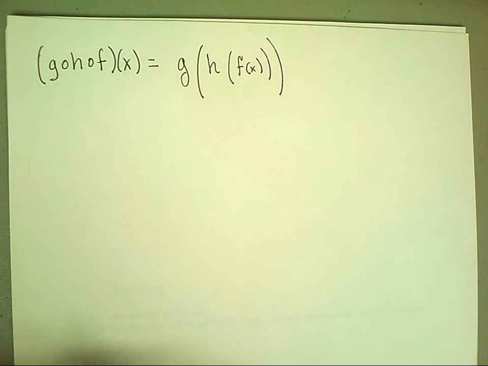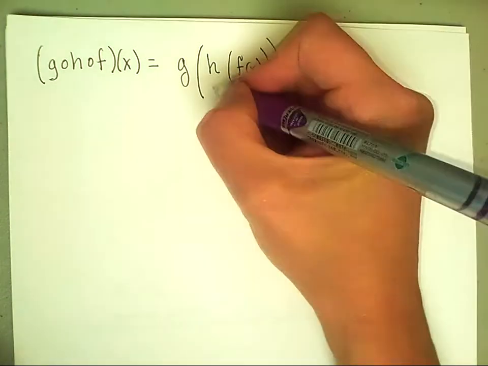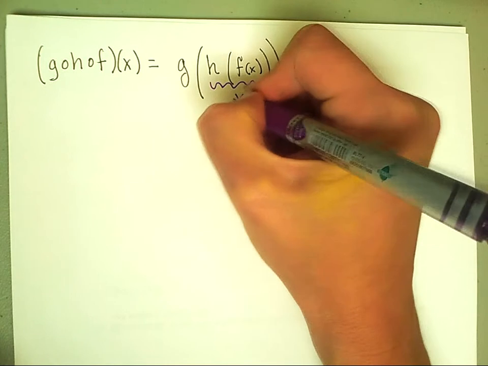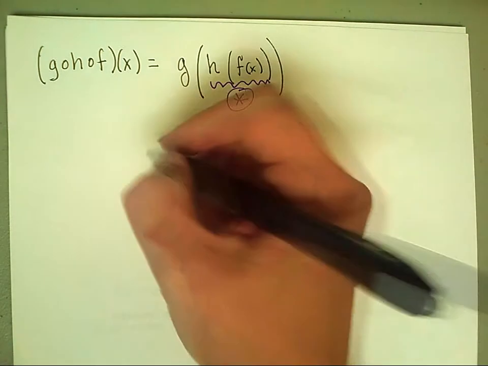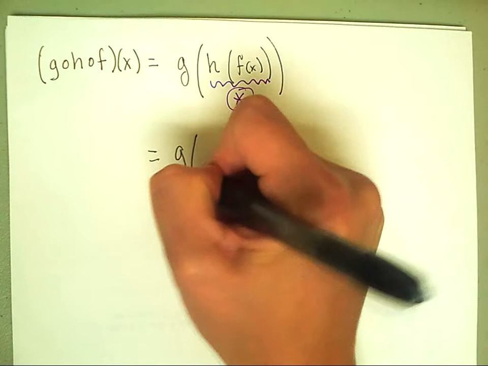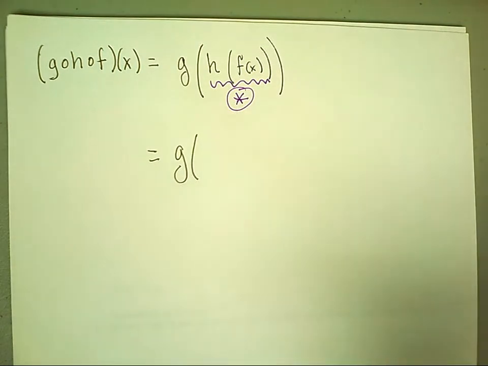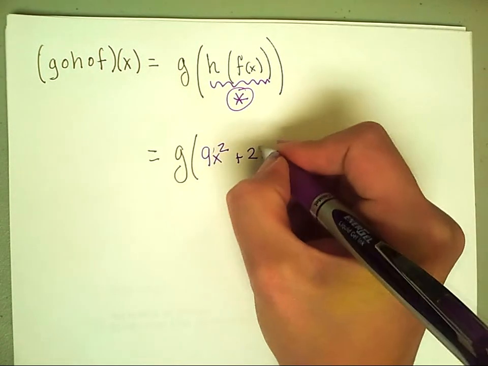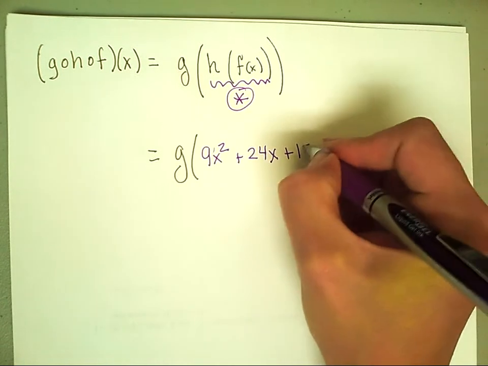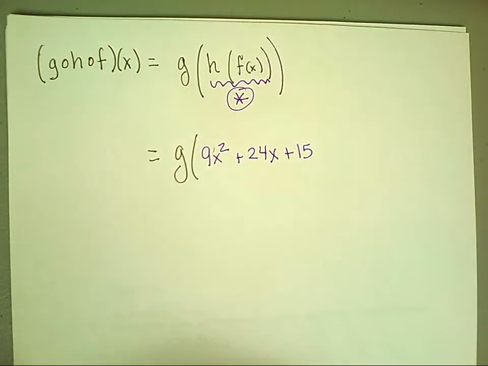Okay. Now the nice thing is that we've already found h composed of f. Okay, we did that back where I had you make a star. So that is really g composed with 9x squared plus 24x plus 15.